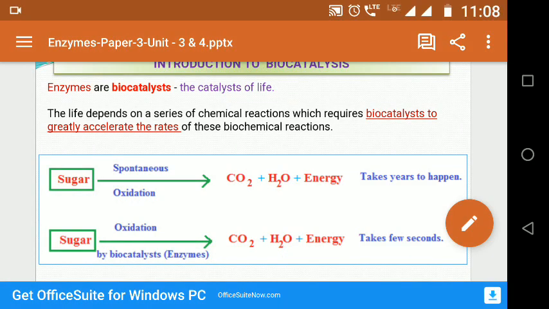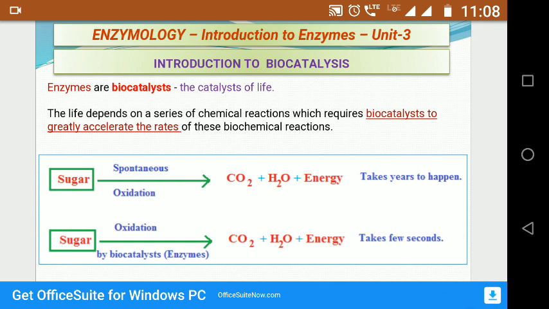If we use a catalyst for this reaction, suppose we have a catalyst available for a typical reaction where A plus B gives rise to C, then in the presence of the catalyst, the reaction may take place at very mild conditions, at lower temperatures, lower pressure, or low solvent concentrations, or pH, or any other physical conditions.